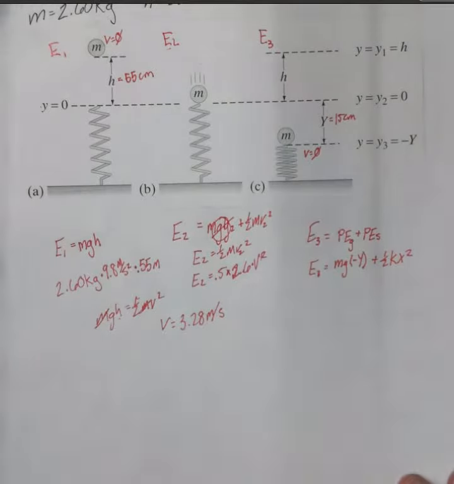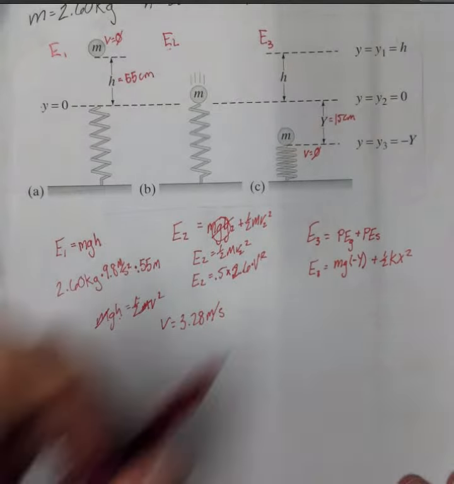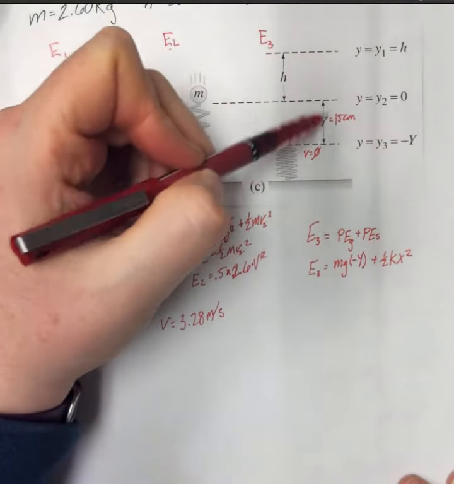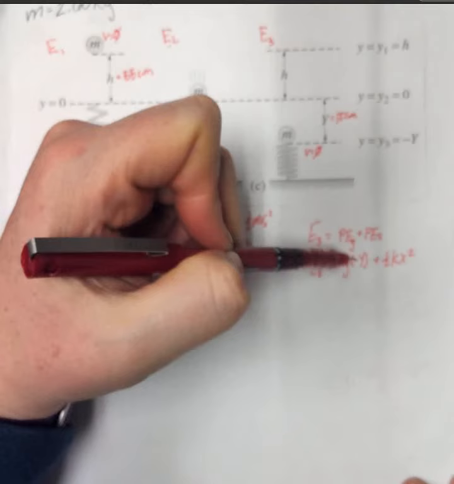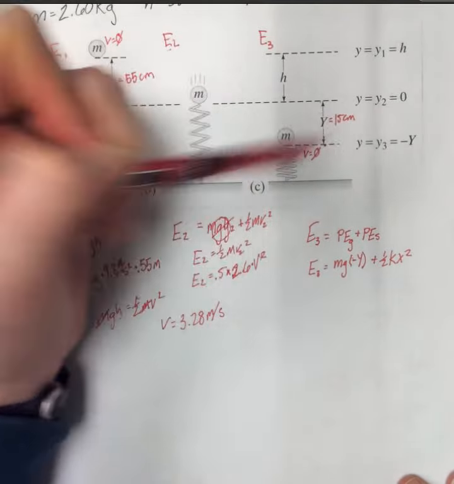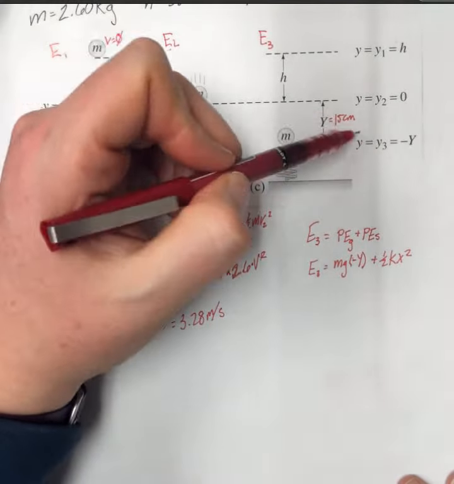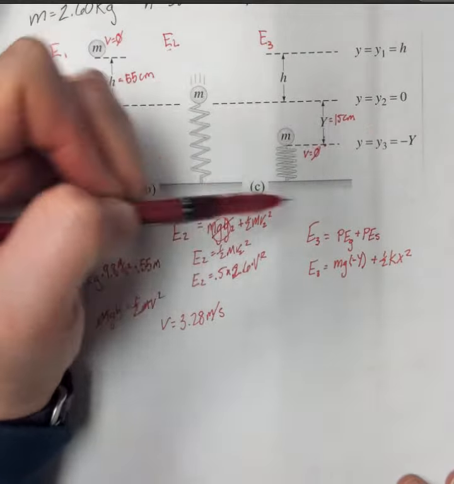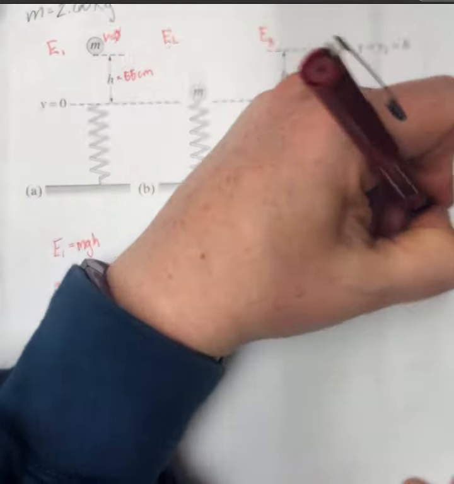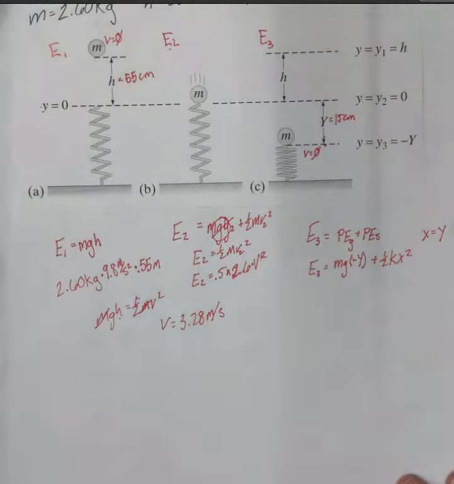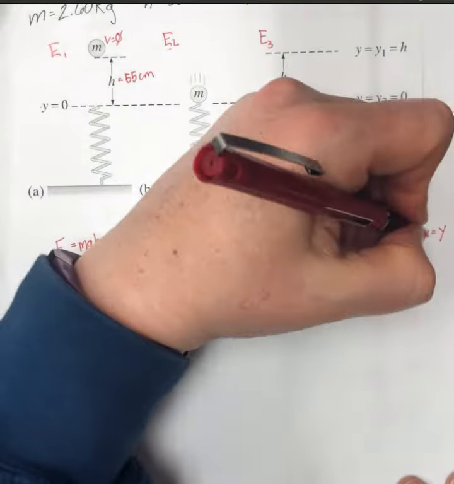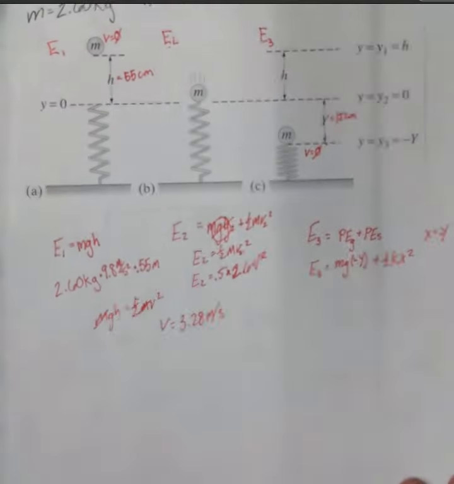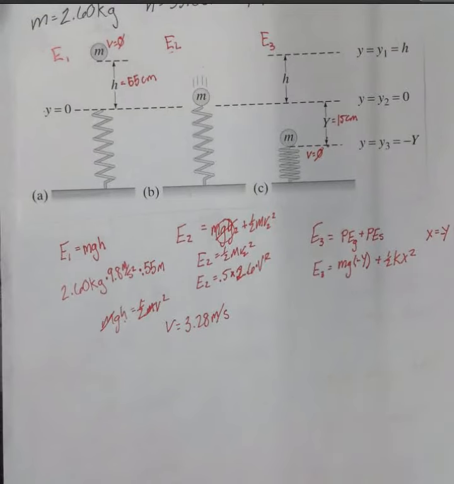And the neat thing here is that the negative y, that is the amount of height below our 0 point, is going to be equal to the x of the spring. So that means x equals negative y.